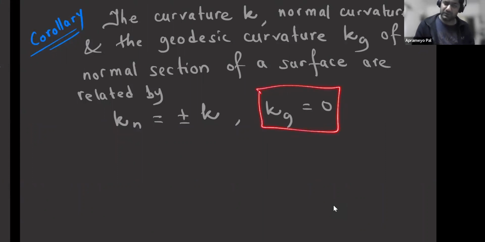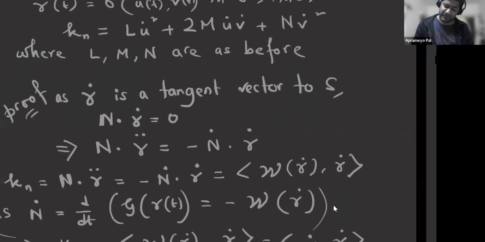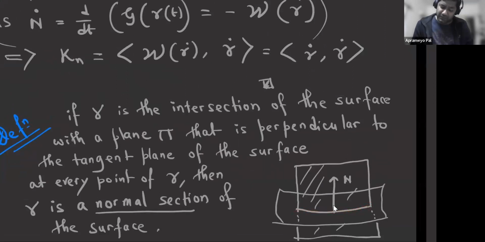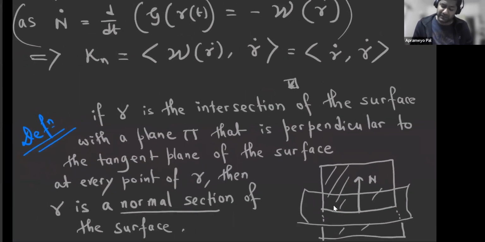You can forget about this one, we are not that interested in it, but let's think about why this is happening. Let's check it again. If this is a curve, what am I asking? At every point, the plane intersects and the tangent plane, both of them are perpendicular. Intuitively, how is the curvature defined here? It's the norm of gamma double dot, right?